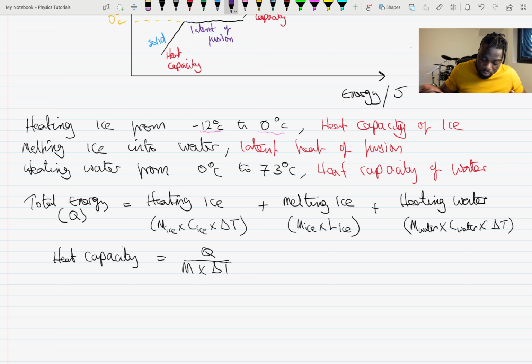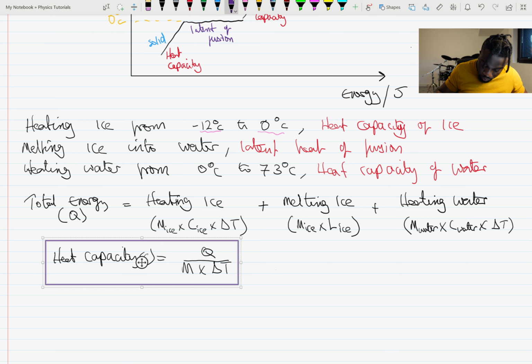So heat capacity C is given by this expression right here. And I'm just going to box that in purple to show that this is an important expression. A similar expression can be obtained with latent heat of fusion or vaporization.